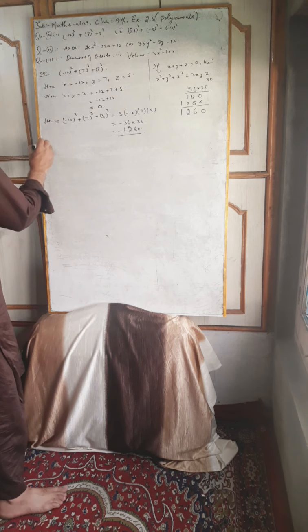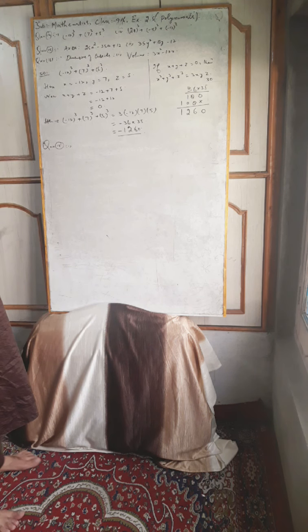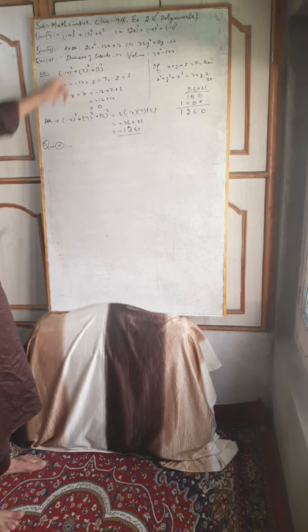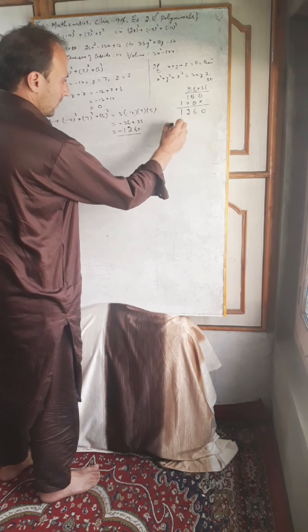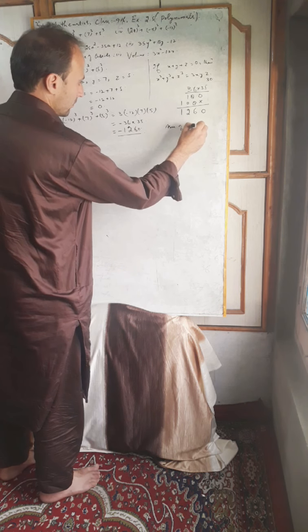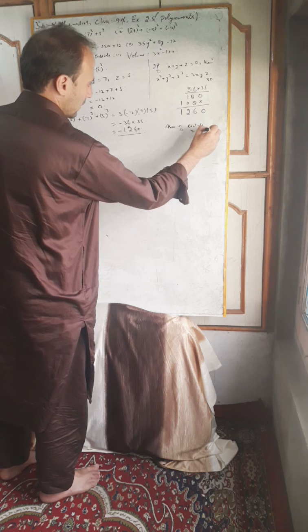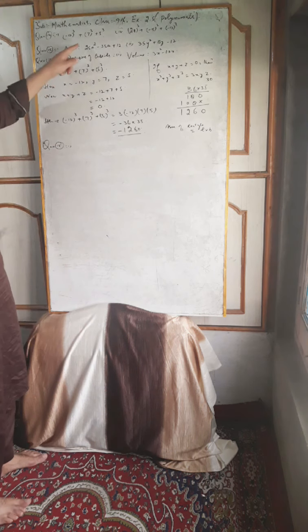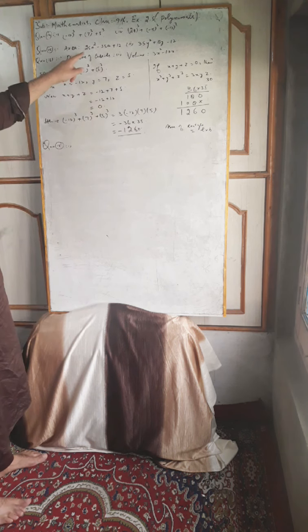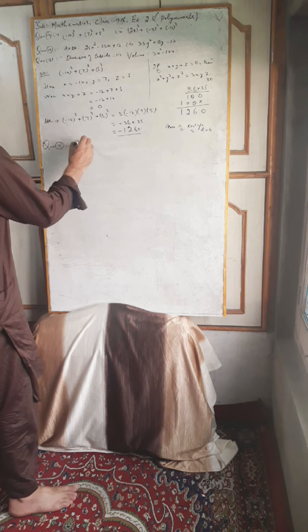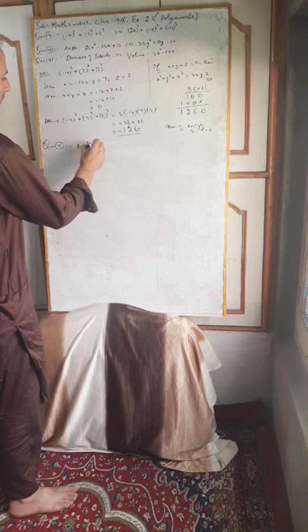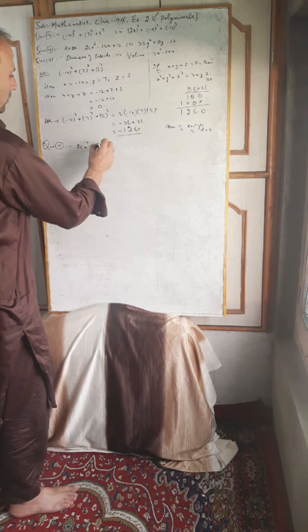Question number 15. We have to find the dimensions of the rectangle. Since you already know the area of a rectangle is always equal to length into breadth. The first part has the quadratic polynomial 25a square minus 35a plus 12.